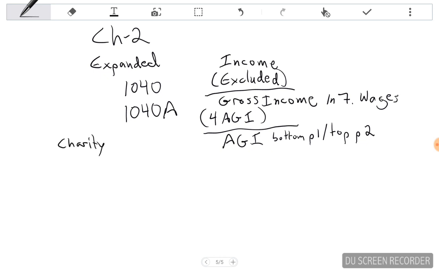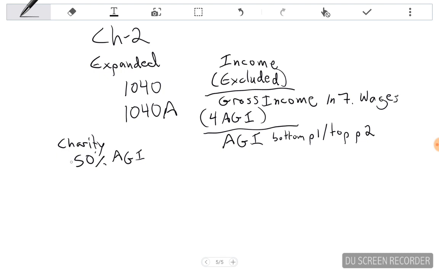Historically, charities, the money you give to charities, churches, other religious institutions, educational institutions like universities. So if you contribute money to those types of institutions, entities, you get to take a deduction for those, but you're limited to a ceiling, historically a ceiling of 50% of AGI.